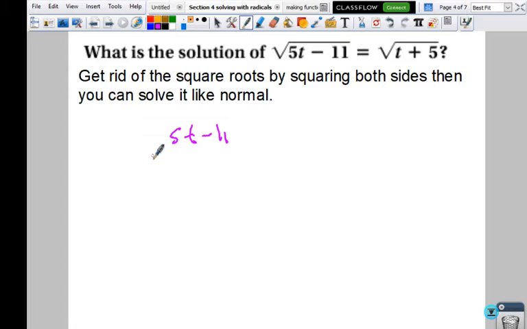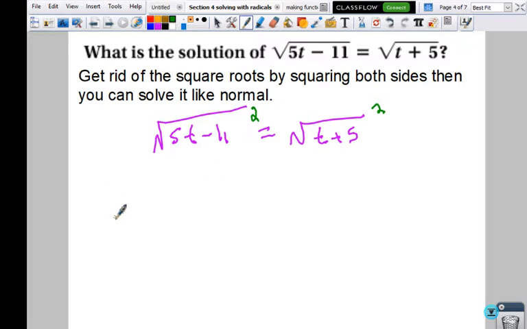On this problem, I have 2 square roots, everything is inside a square root somewhere. So I'm going to get rid of the square root on the left by squaring it, and if I do it on the left, I have to do it on the right.